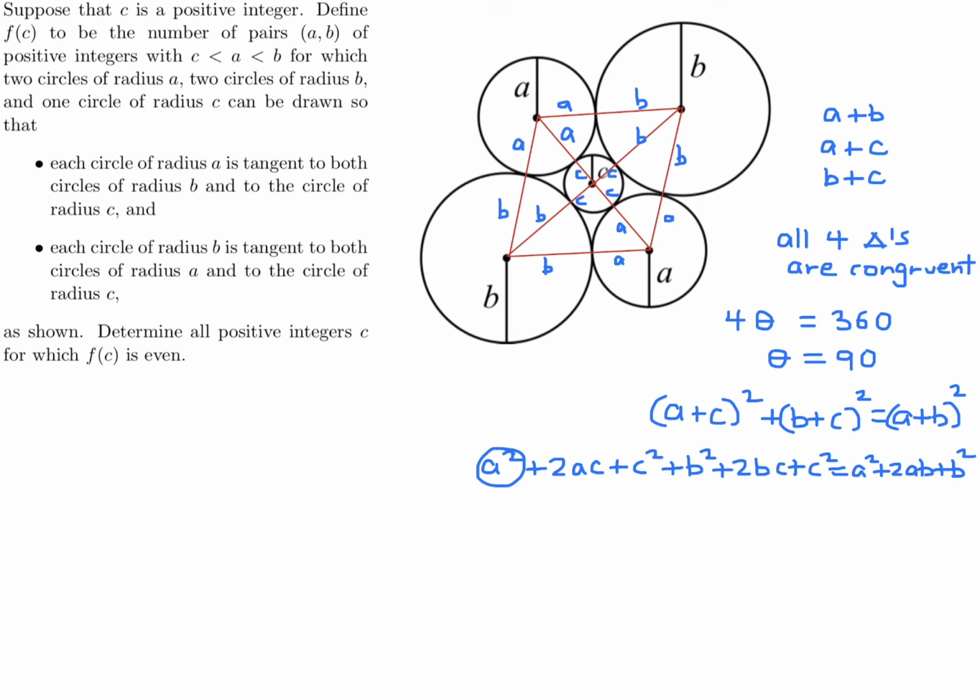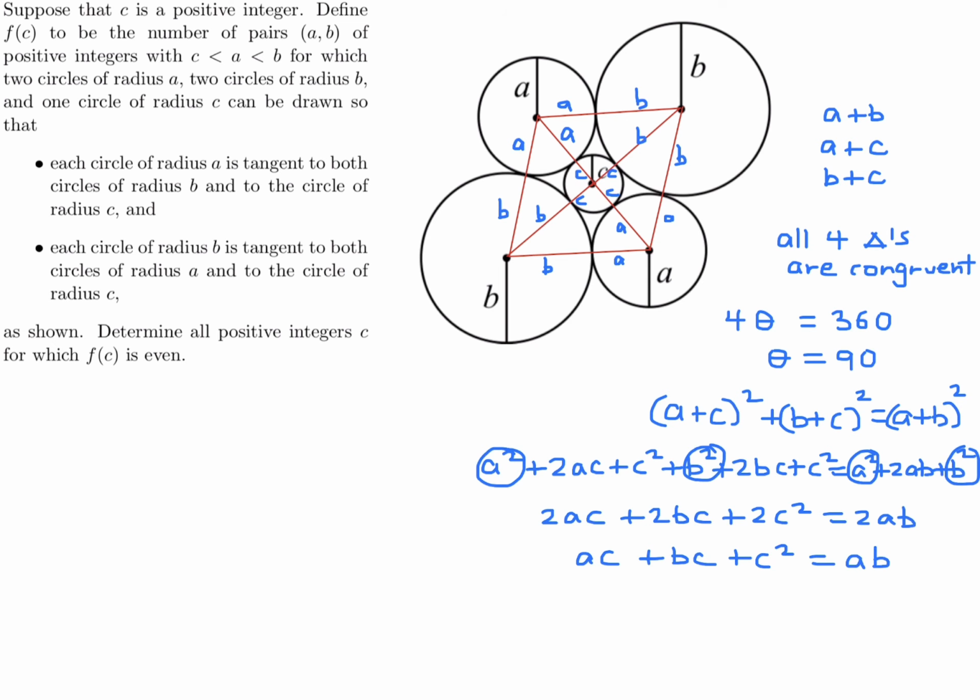The a squareds cancel, the b squareds cancel, and I believe we are left with the following. Just that 2ac plus 2bc plus 2c squared is equal to 2ab. The 2's cancel, and we're just left with ac plus bc plus c squared is equal to ab.